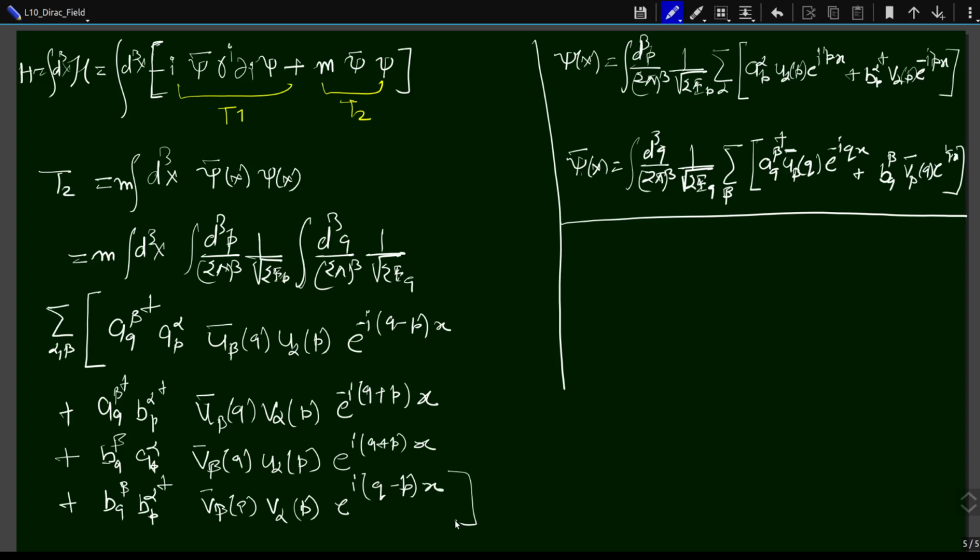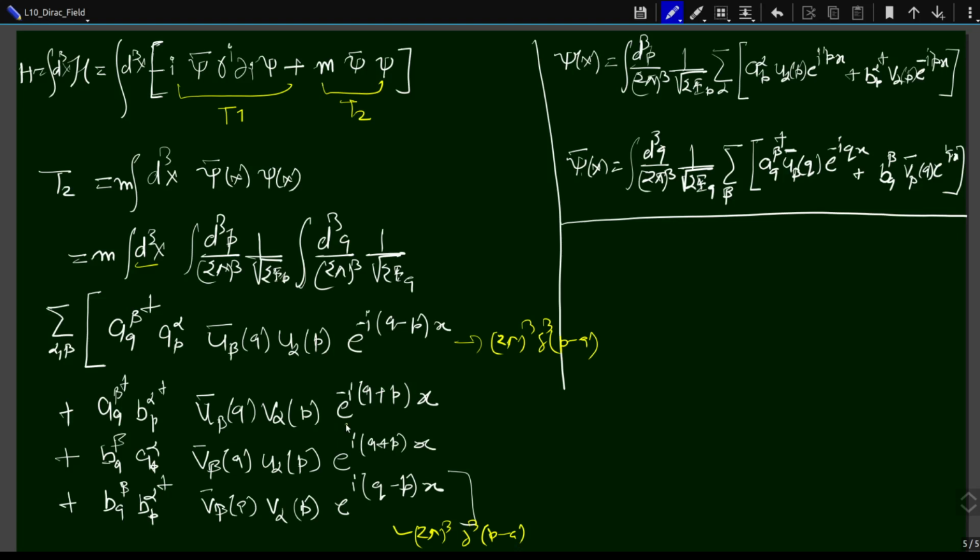Now when I perform my x integral, this becomes delta 3 with a factor of 2 pi cubed. So this becomes (2 pi)^3 delta 3 (p minus q). Same thing happens for the last term, (2 pi)^3 delta 3 (p minus q), because it's a 3-dimensional integration.